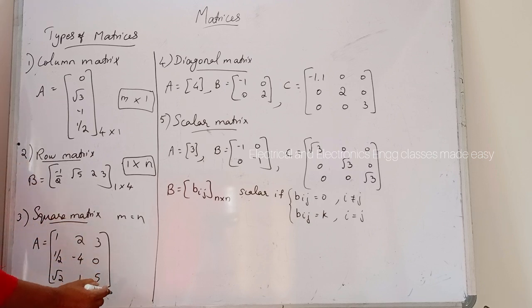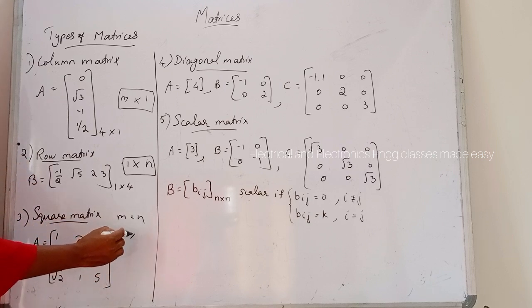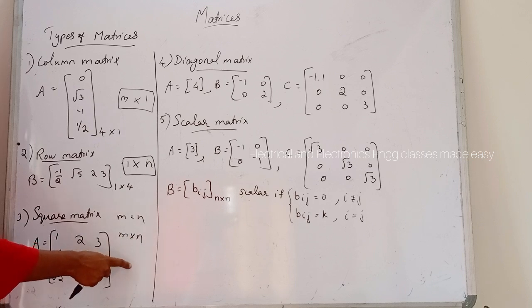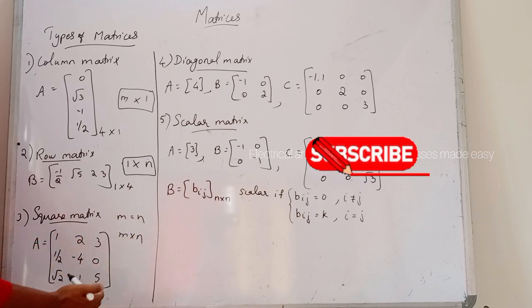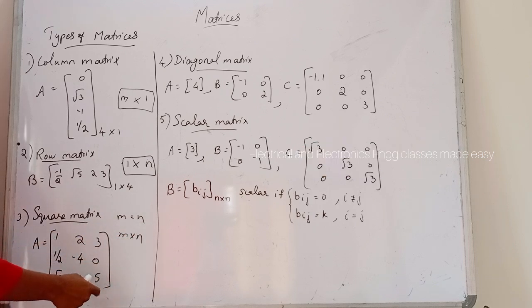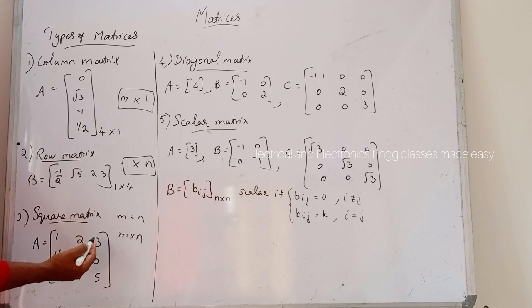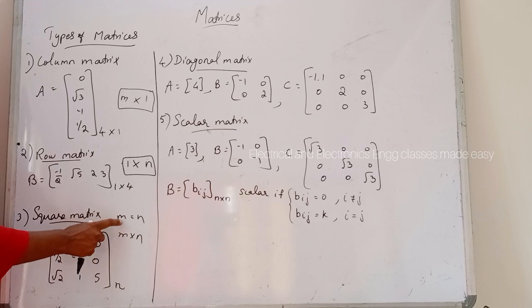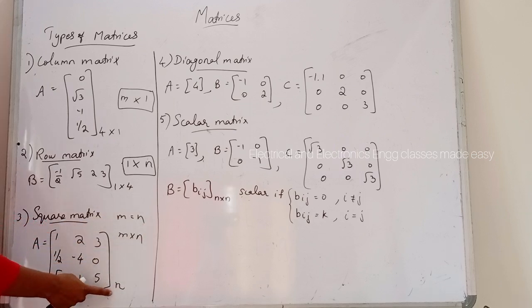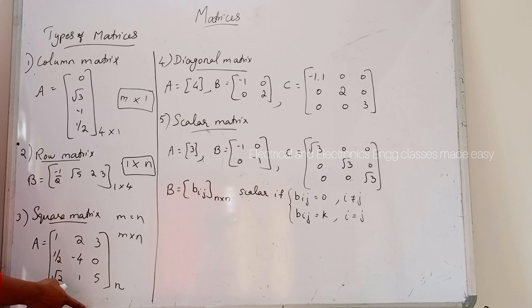So an m by n matrix is said to be a square matrix if m is equal to n. And we can say that the square matrix is of order n because m is equal to n.